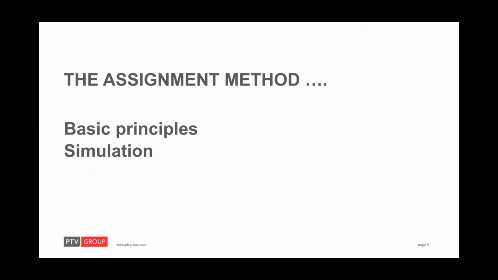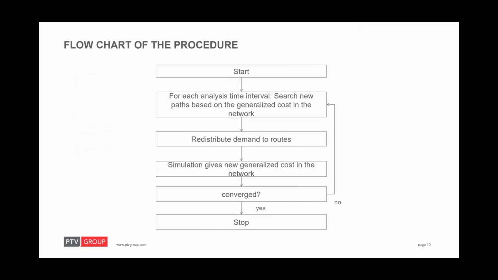All right, now let's get to the assignment method or the basic principles behind simulation-based assignment. Generally, the simulation-based dynamic assignment involves this kind of sequence or step of calculations. So for each assignment interval, let's say it's divided into 15-minute time intervals, we search for paths based on generalized cost in the network.